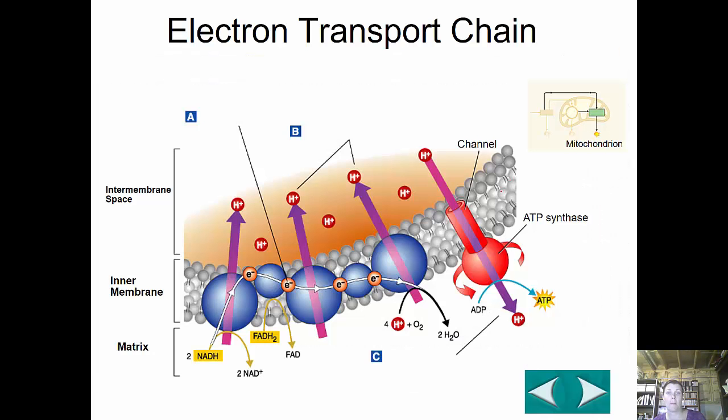Here's another carrying H's. What's happening to all those H's? All those H's are being dropped off. And what are we doing? Here's oxygen. Oxygen is catching those H's and turning it into water. And by doing that, that allows us to make all these crazy ATPs in the electron transport chain.